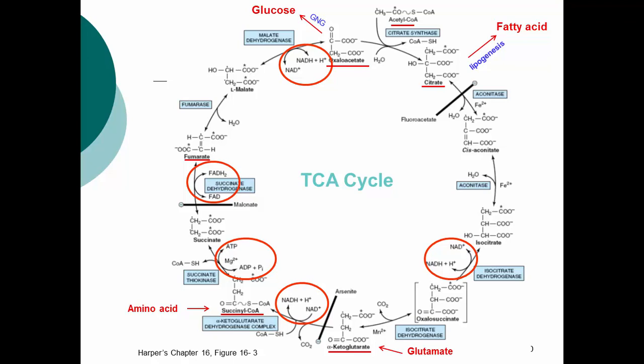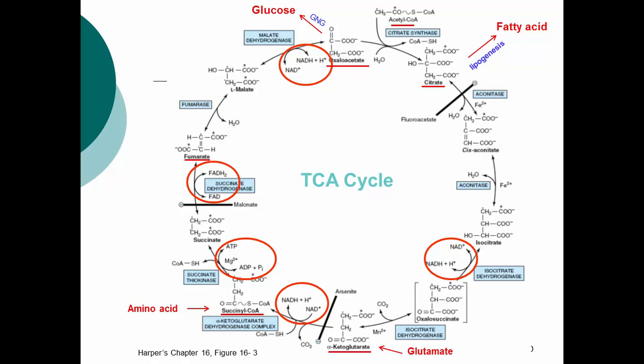And I just wanted to mention this again: the TCA cycle is very important, as it involves the metabolism of the three macronutrients, and it's also the key connection. For example, when we consume too much glucose, in addition to using it for energy through glycolysis for complete oxidation, excess glucose can also be converted to fat.